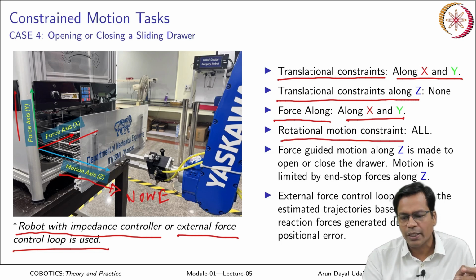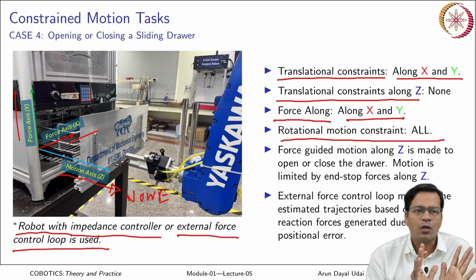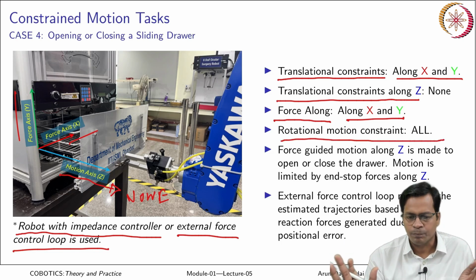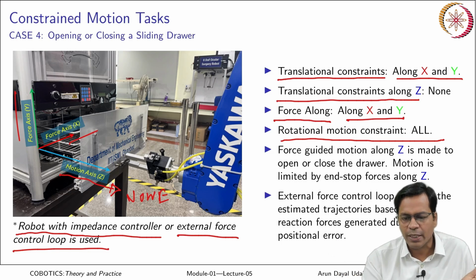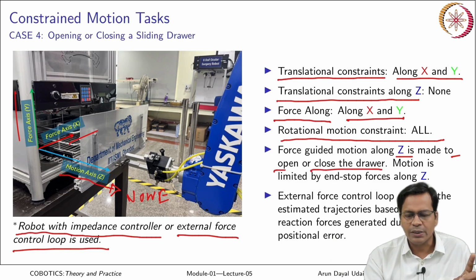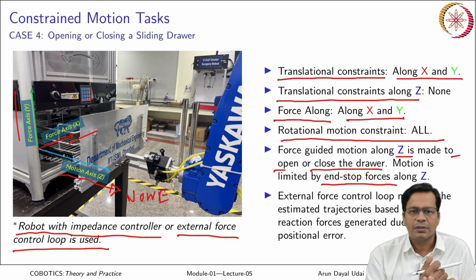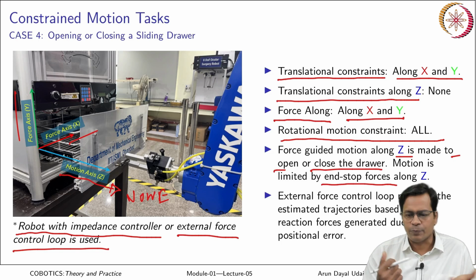Rotational motions, it has all the constraints, it cannot rotate in any of the directions. So, what happens is a force guided motion along z is made to open or close the drawer. Motion is limited by the end stop forces along the z axis. So, as soon as it feels a jerk, when it reaches its limit, it stops.